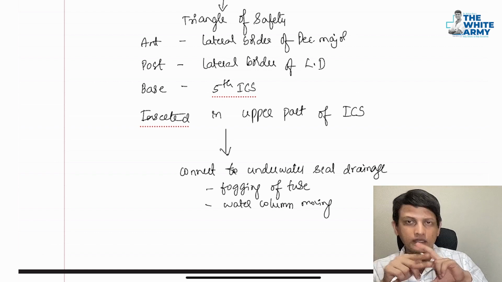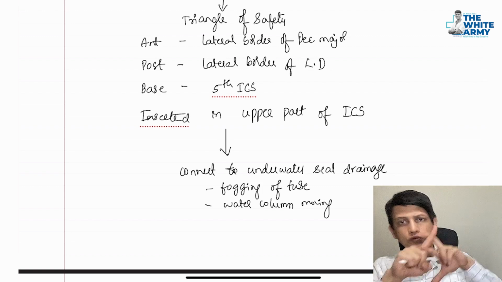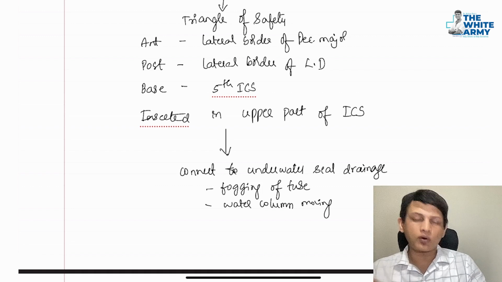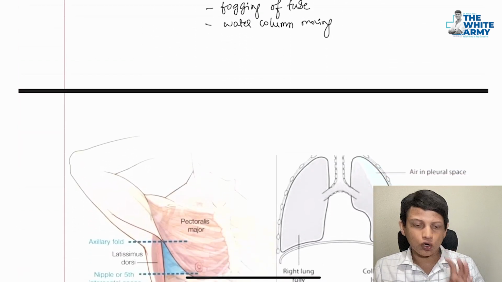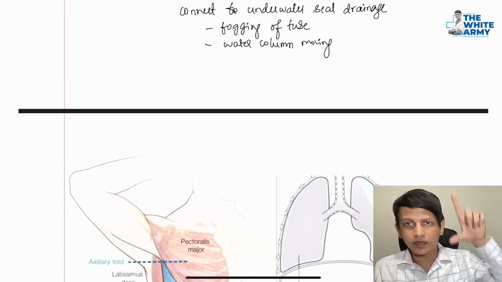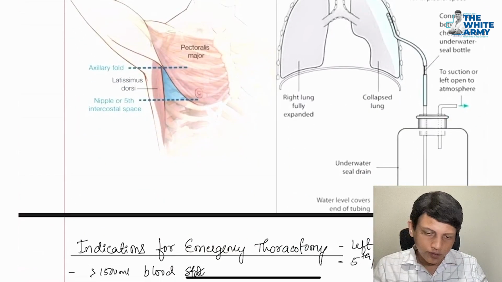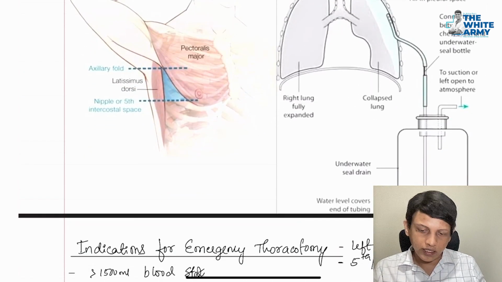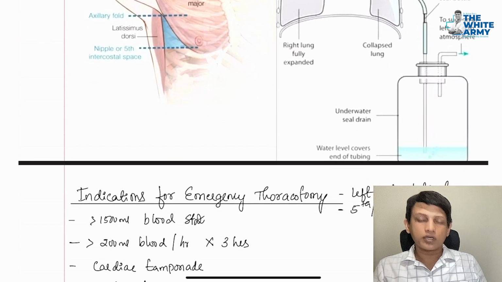You insert the drain accordingly. If there is a hemothorax, you put it downwards. If there is a pneumothorax, you put it upwards. Then you connect it to an underwater seal drainage. You can confirm whether it's in position or not by the fogging of the tube, and also when you connect it to a water seal drainage, the water column will rise when you breathe.